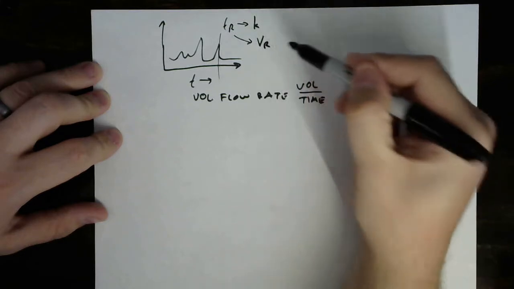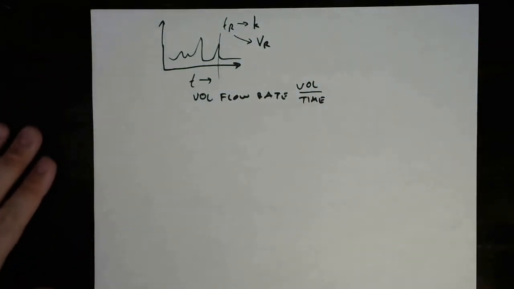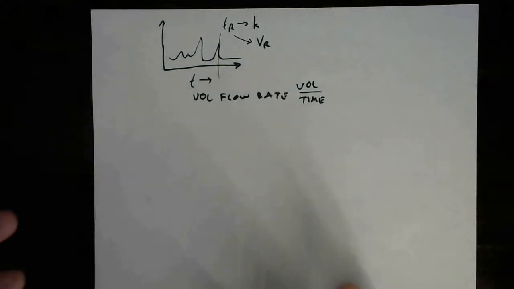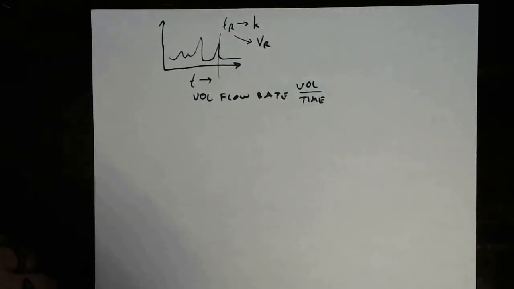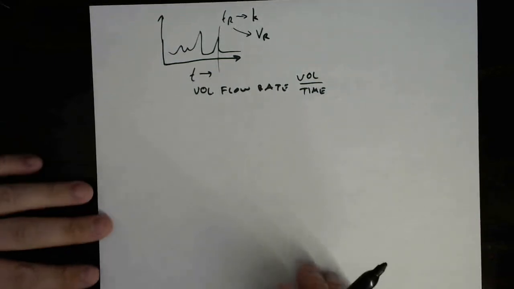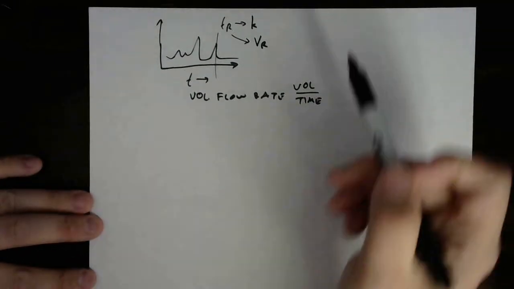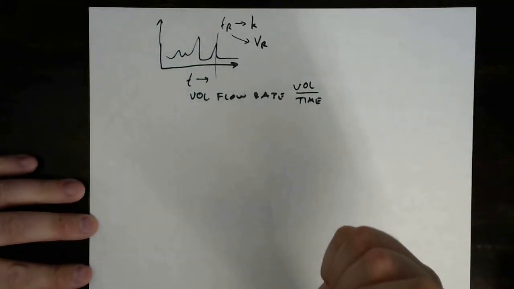We've talked about this being a really useful way of describing retention in gas chromatography especially, but it's also very useful here and really can be used in any mode or any method of chromatography. So this is our retention volume.